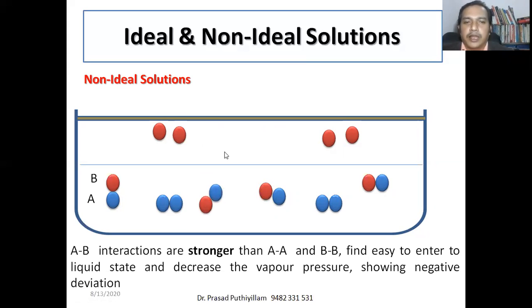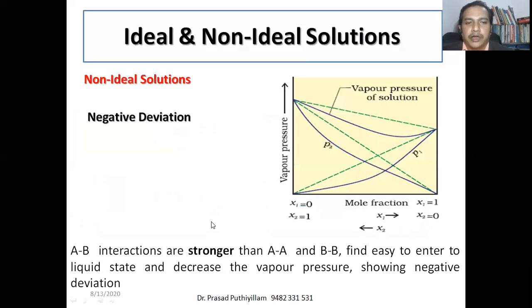Therefore, fewer vapors are present than expected. Here AB type interactions are stronger. Therefore, in this type of non-ideal mixture, the theoretically calculated pressure is higher than the actual, because more molecules are going to the liquid state or mixture state, and the total vapor pressure is decreasing, so there will be a negative deviation.